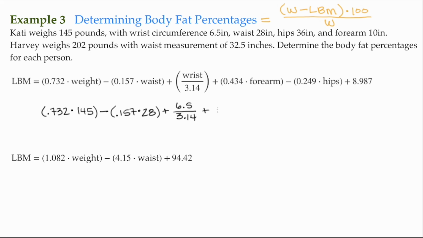We'll add that to 0.434 of the measurement of her forearm, and her forearm is 10 inches, minus 0.249 of the measurement of her hips, and her hips are 36 inches. And then we have this constant here, plus 8.987.